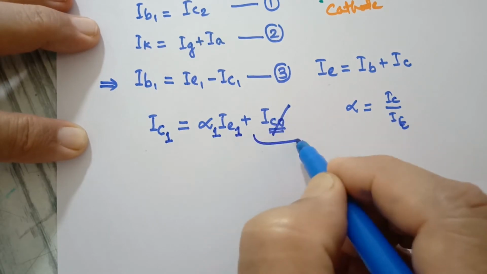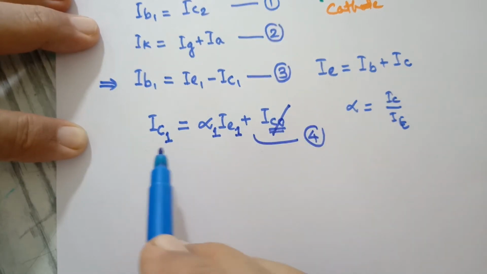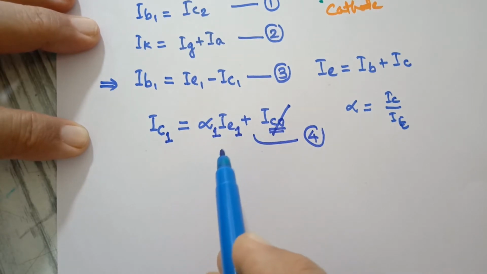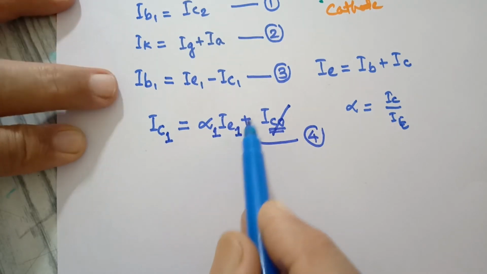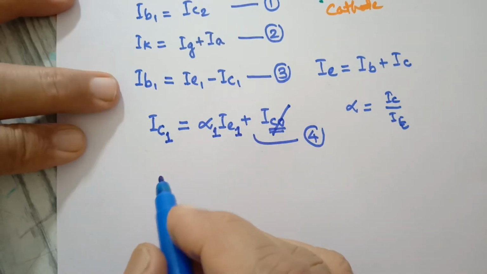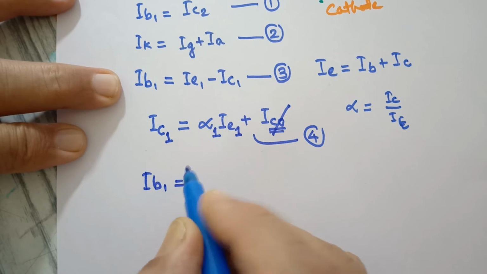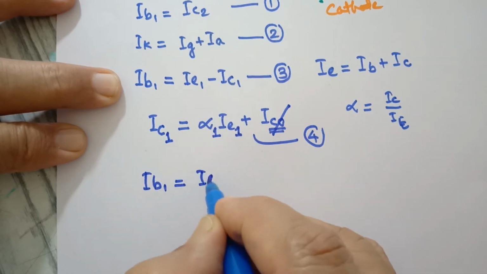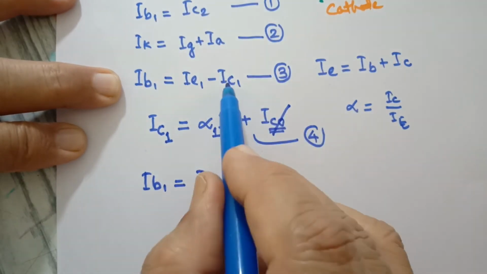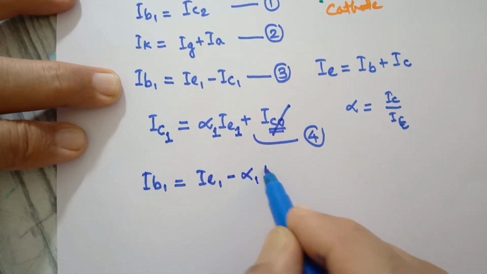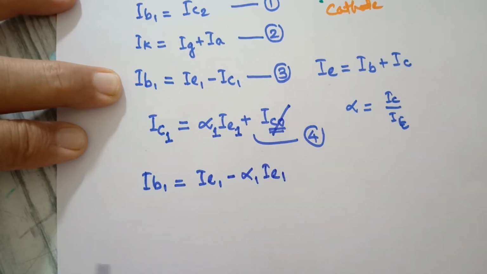So let us call this equation 4. We have IC1 equal to alpha 1 into IE1. Use this expression here. So in equation 3, IB1 is equal to IE1 minus IC1. For IC1 I am replacing alpha 1 IE1.